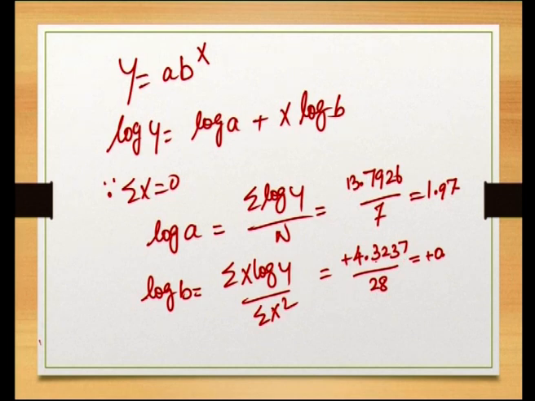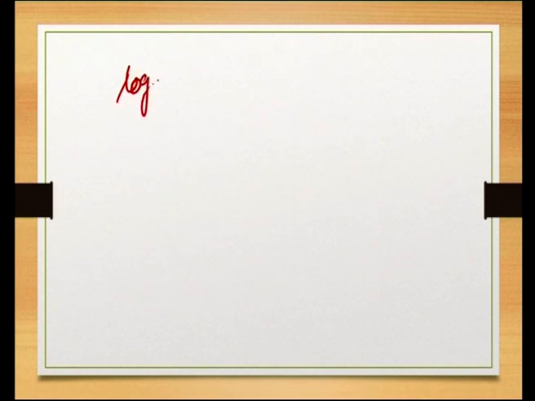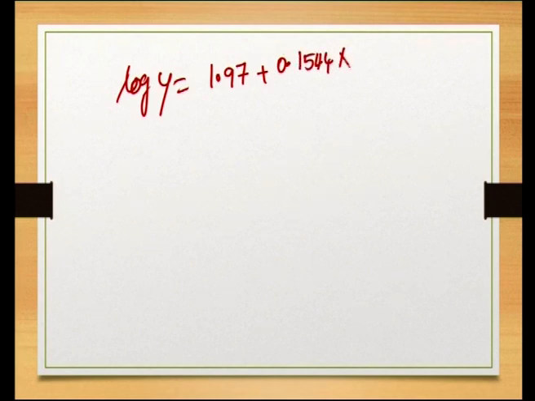So, 4.3237 divided by 28 is equal to 0.1544. Substitute this in the equation for log y. So, log y is equal to log a, which is 1.97, plus 0.1544 x.